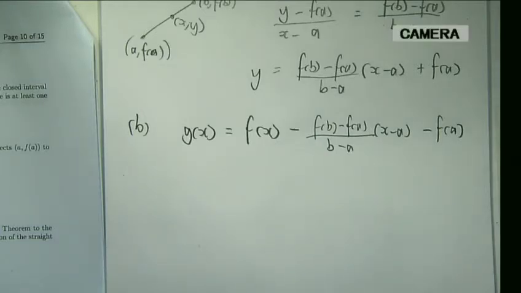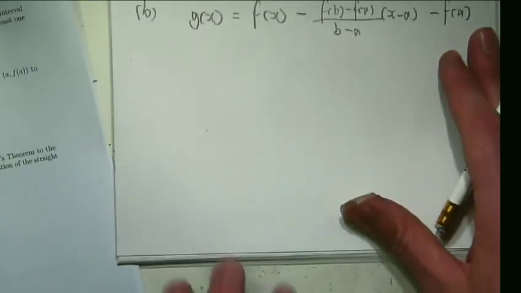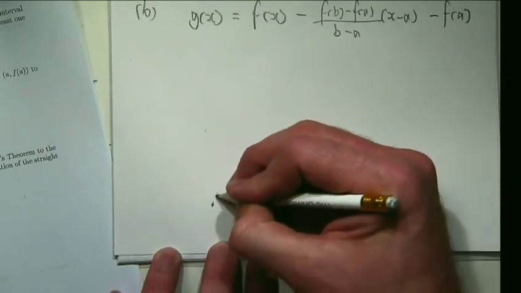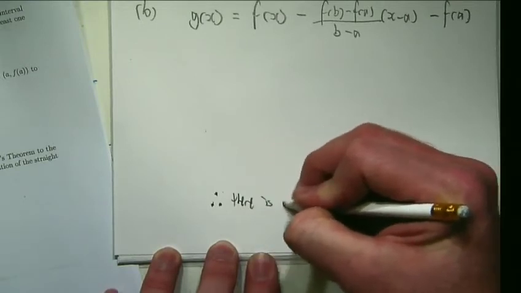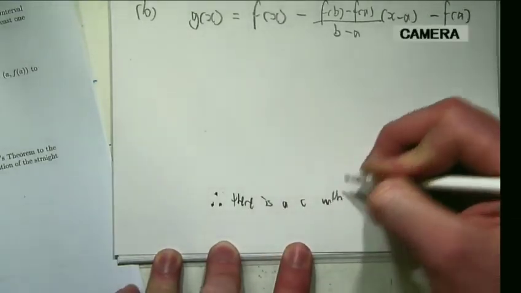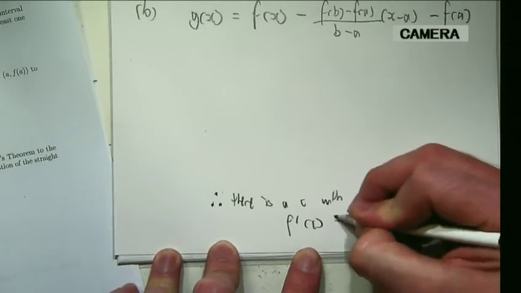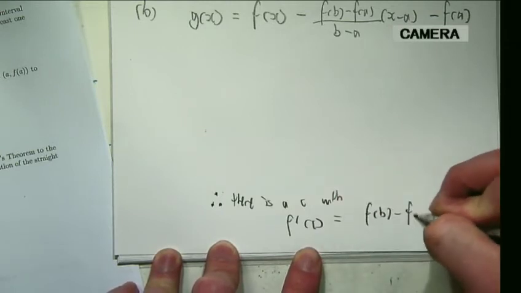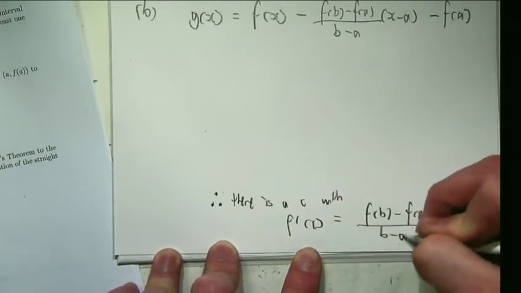Well, Rolle's Theorem says that if I can show that, in this case, g of a equals g of b, then Rolle's Theorem says that g dashed will be equal to 0 somewhere in between. Right. So what I actually want to show at the end, my final statement, is: therefore there is a c with f dash c equals f of b minus f of a over b minus a.